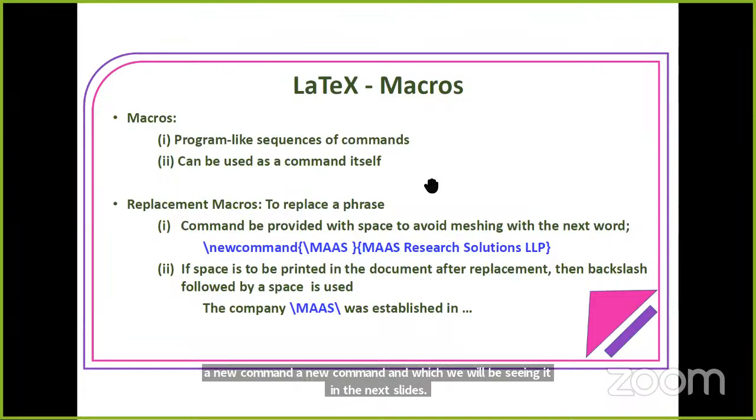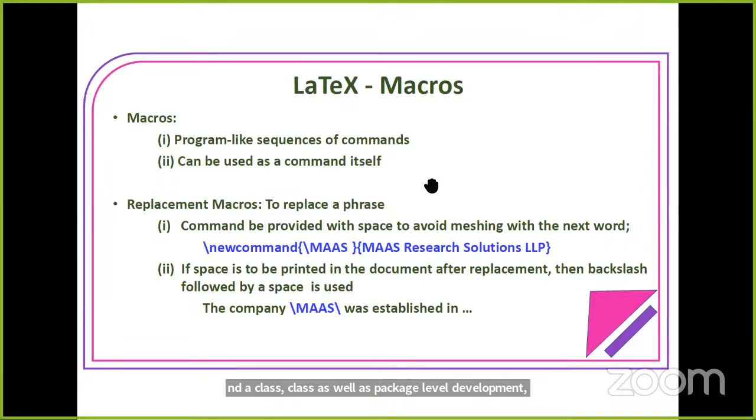Now, as I told you, there are three levels: user level, class level, and package level development. Macros are nothing but user-level commands which are done locally, within a document.